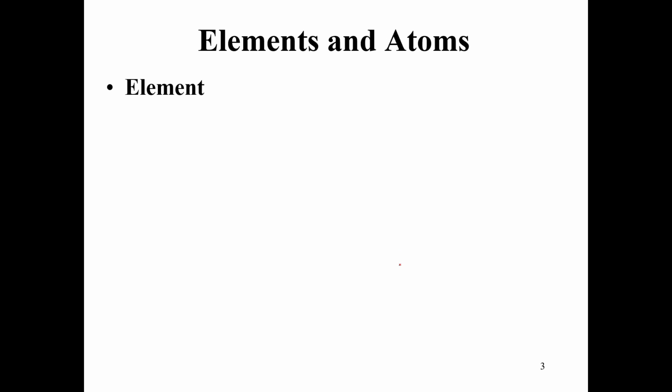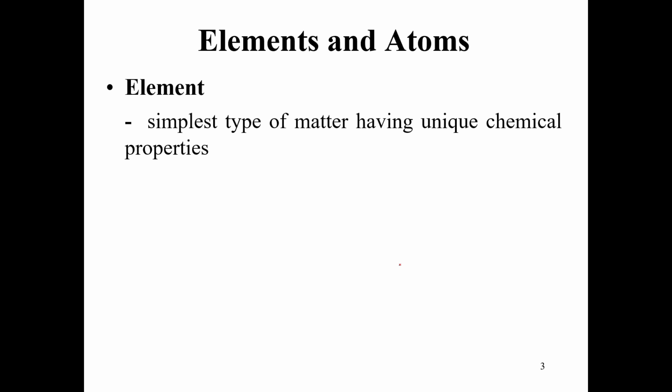Next, we have elements and atoms. An element is the simplest type of matter having a unique chemical property, meaning each element is different from one another. Examples are carbon, hydrogen, oxygen, nitrogen, calcium, potassium, sodium, and chloride. These are the most common elements you will encounter in our biological sciences.